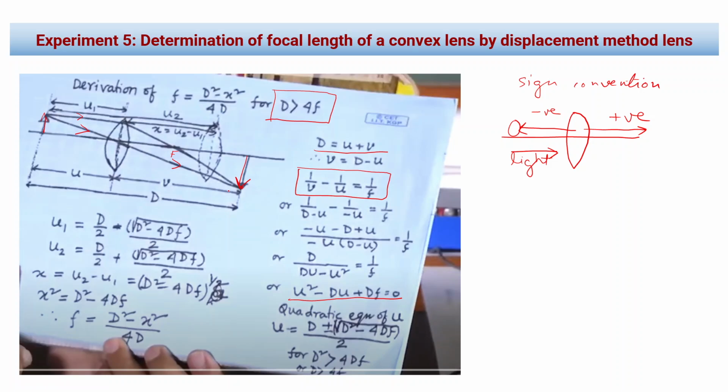Solving this, when we change this distance, we have to take care. This is u1, u2, and in terms of this, the u1 expression will be this and the u2 expression will be this. From this we basically find that f is equal to d square minus x square by 4d.